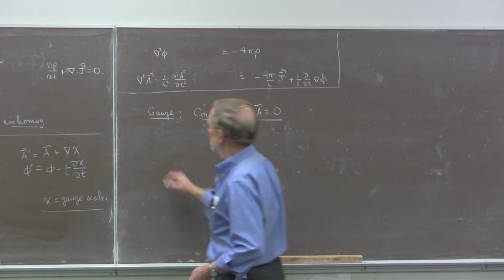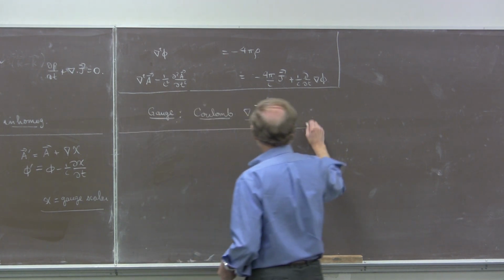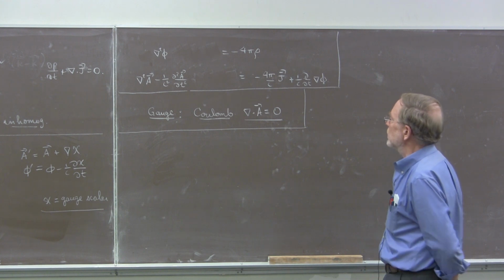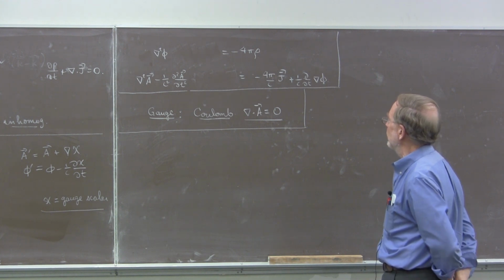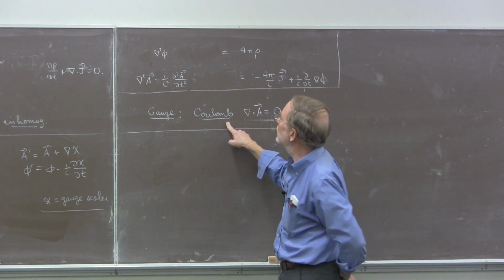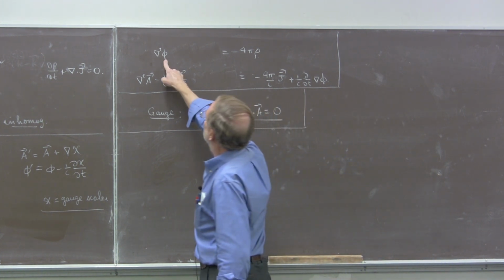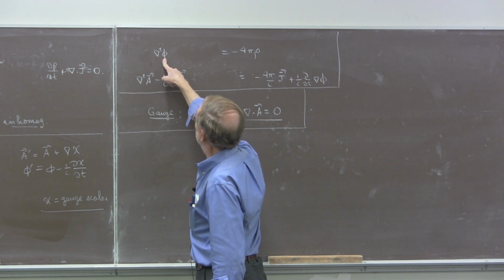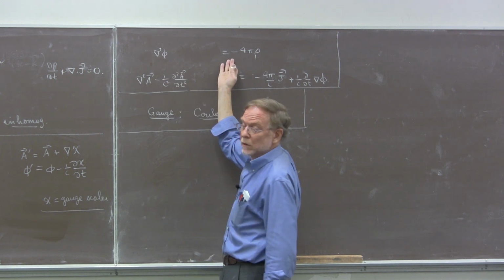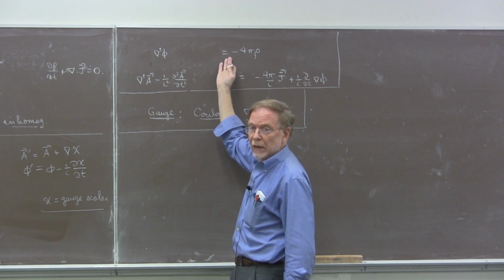And now, right away, there are some things that appear in these equations. Some conclusions can be drawn right away, which partly explain why this is called Coulomb gauge. If we look at the first equation for phi, the equation for the scalar potential, it is really the Poisson equation, which is, of course, familiar from electrostatics.